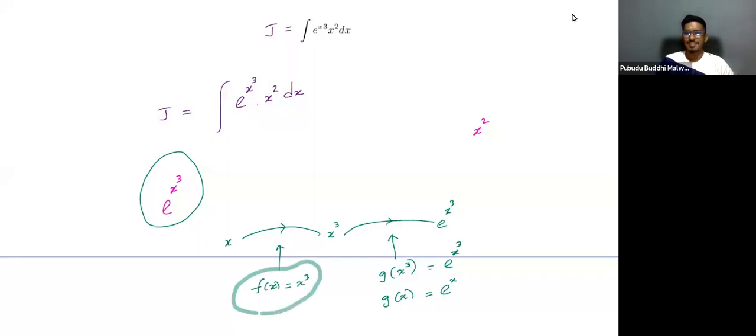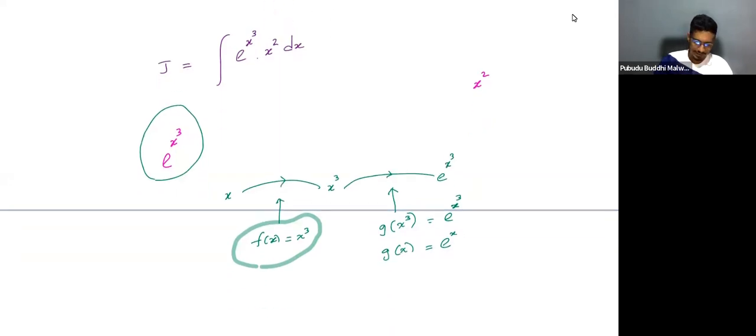So let's differentiate that to get a better understanding of the integrand, the function inside the integral. So I'm going to differentiate them. The derivative of x to the power of 3. Why do I differentiate the inner function?